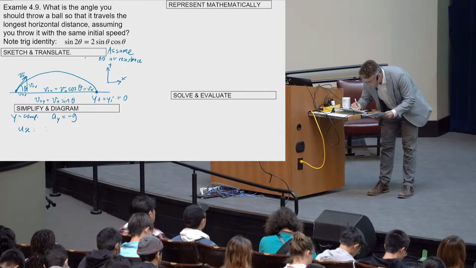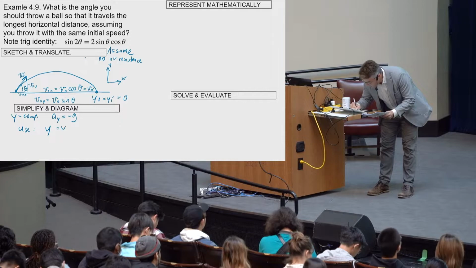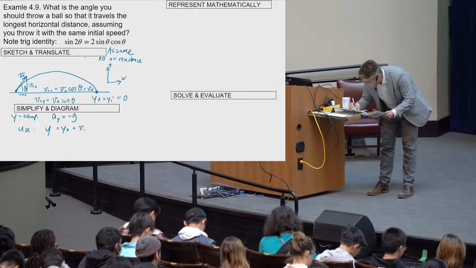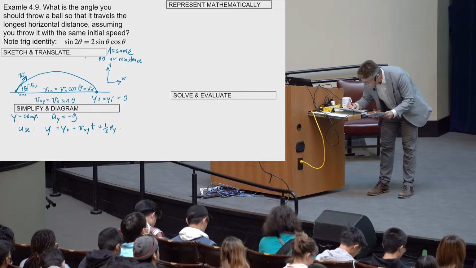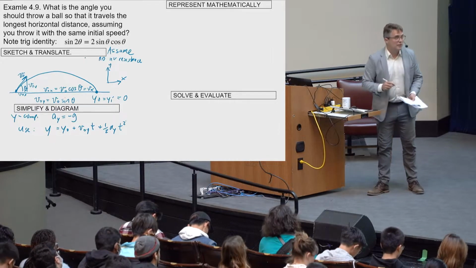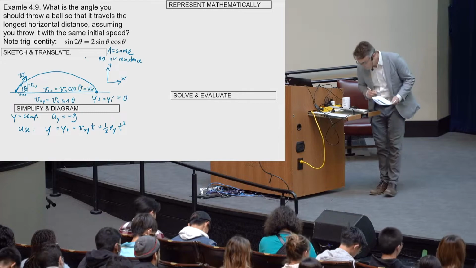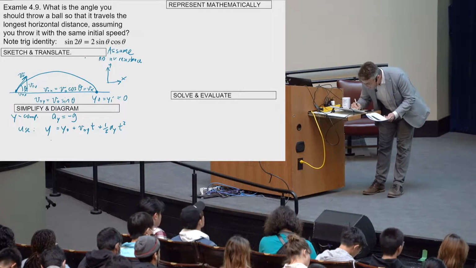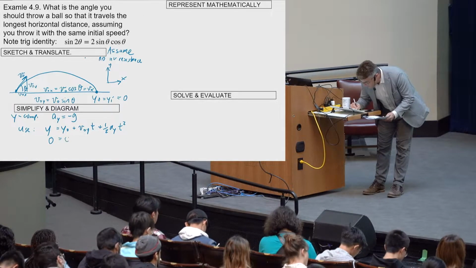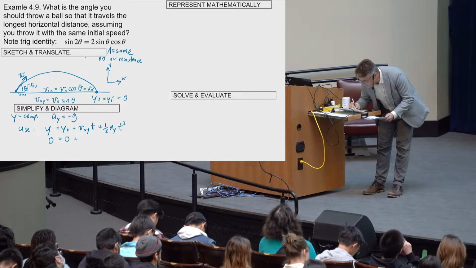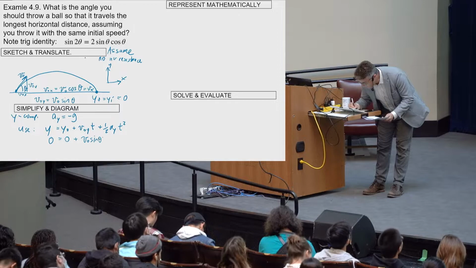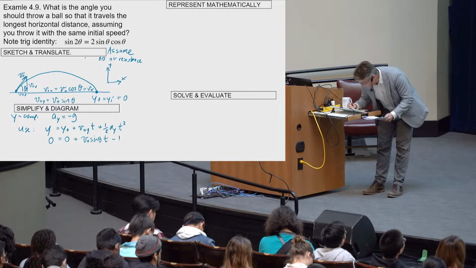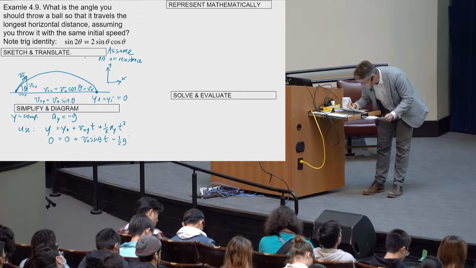The one I think I'll use today is y is equal to y0 plus v0y t plus 1/2 a sub y t squared. That should be on your aid sheet, hopefully. You need that one. And in this case, it's going to be 0 is equal to 0 plus v0 sine theta t minus 1/2 g times t squared.